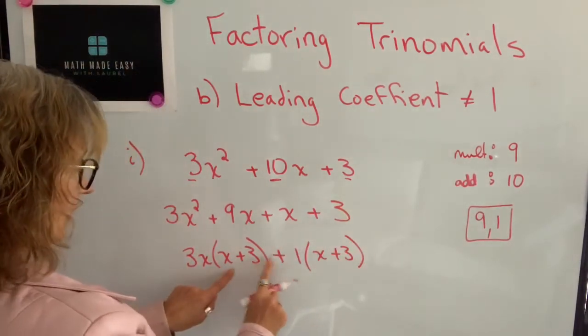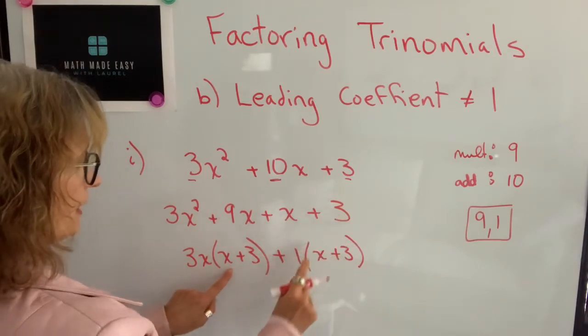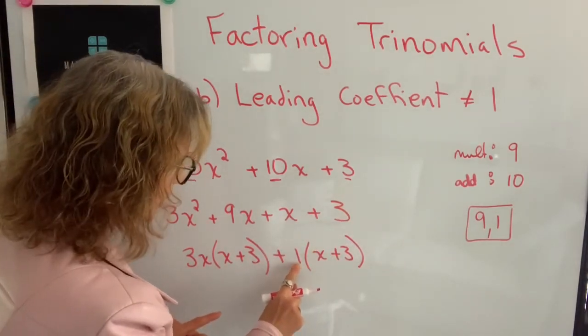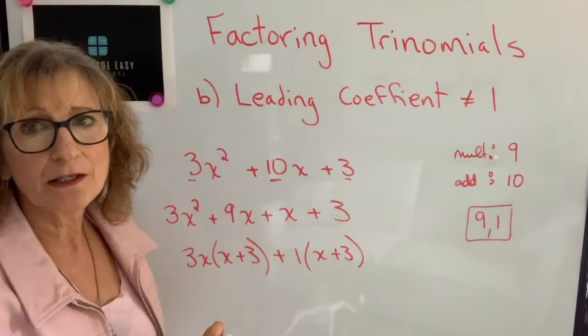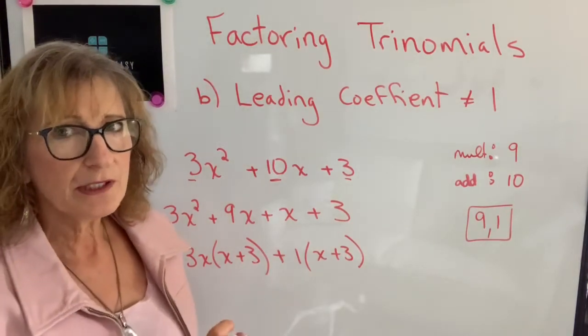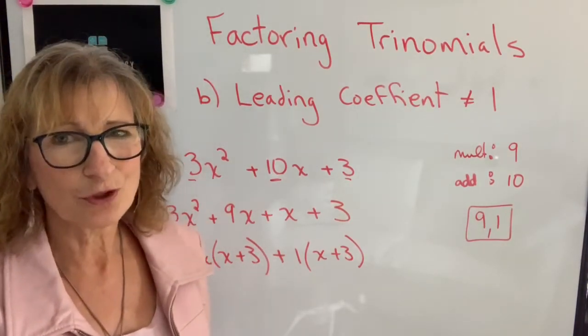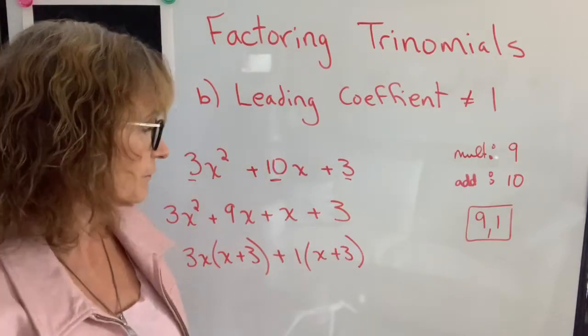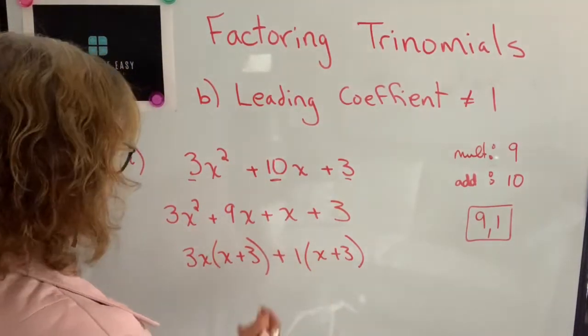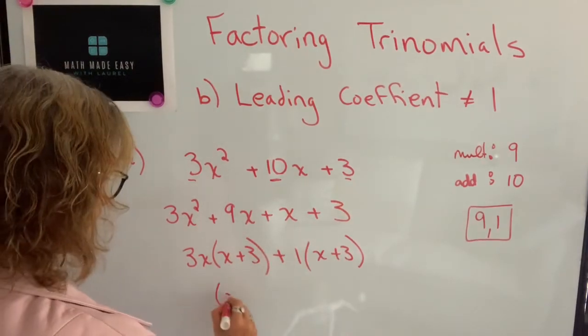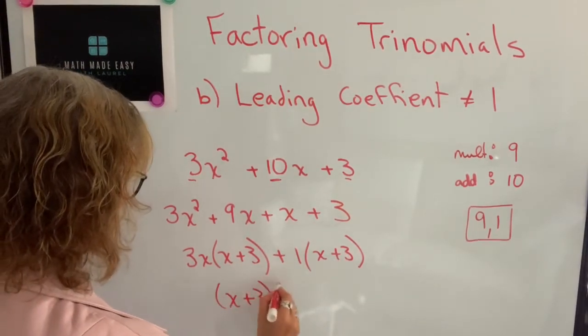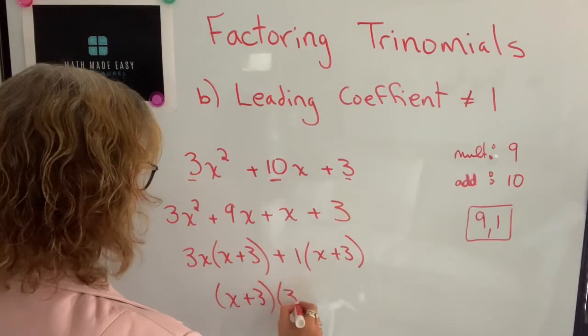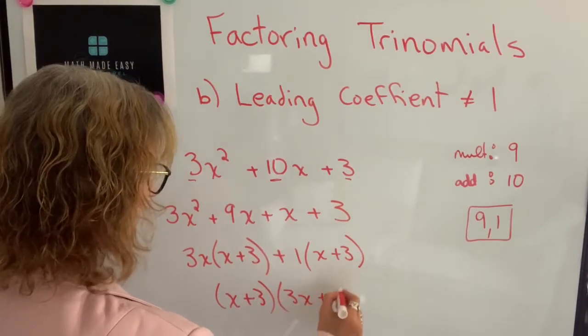Because I know I want an x plus 3 there, I recommend that you put the 1 in there. If you don't put it in there, students often overlook it, and it's very important that you include it when you do the next step. So when I then factor out the x plus 3, I'm left with 3x plus 1.